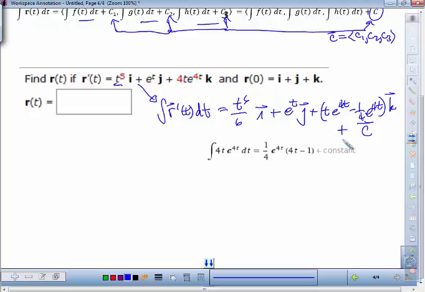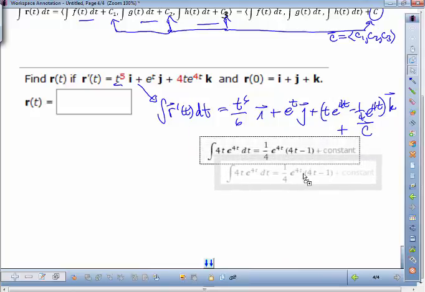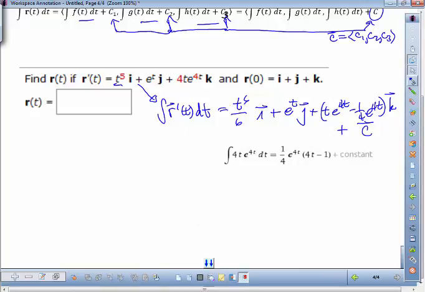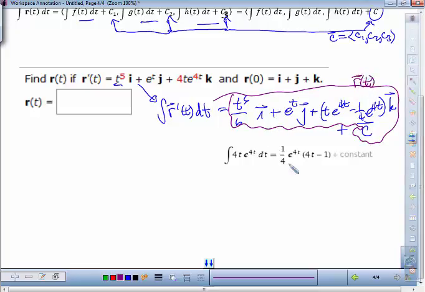But we have to have this extra condition that r of 0 has to equal ijk.